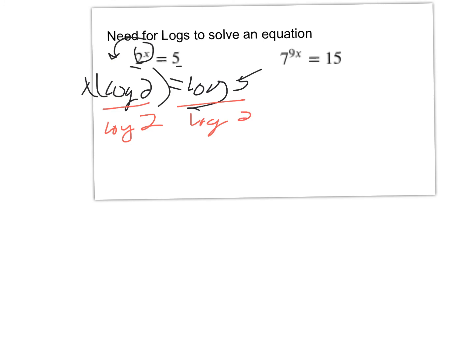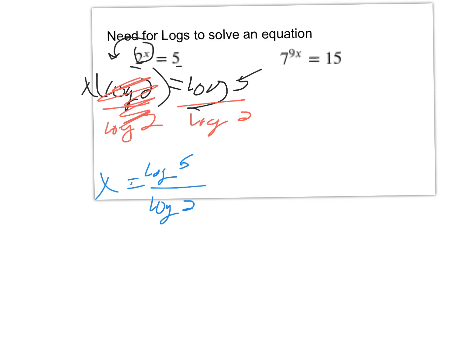So these cancel. X is equal to log 5 divided by log 2.